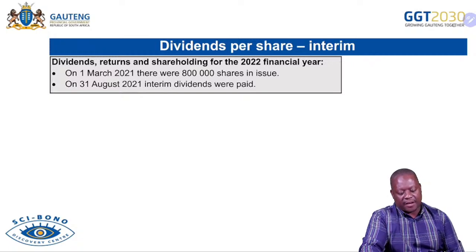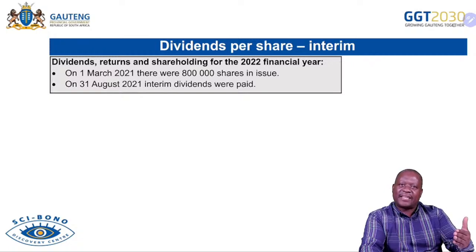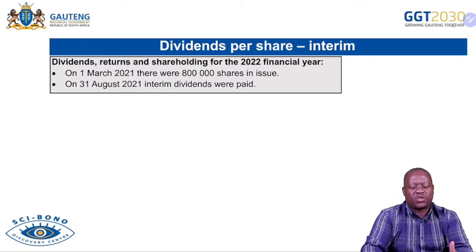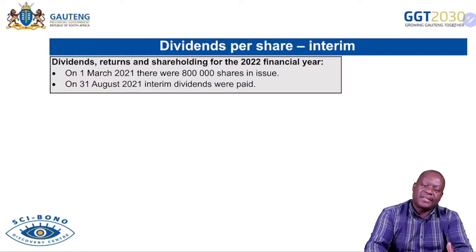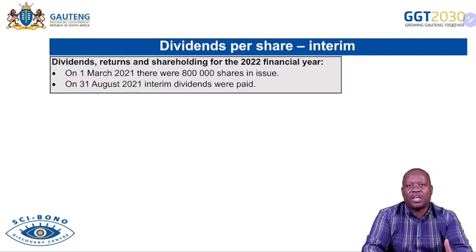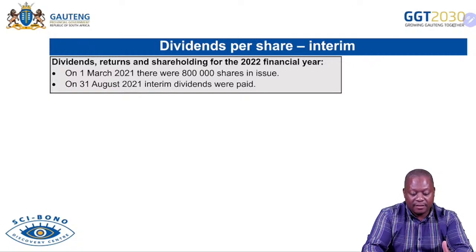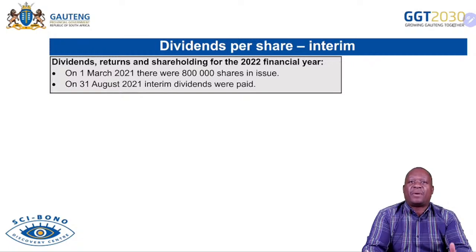And it says here, when the year started on 1 March 2021, there were 800,000 shares in issue. And then on 31 August 2021, interim dividends were paid. Very interesting.